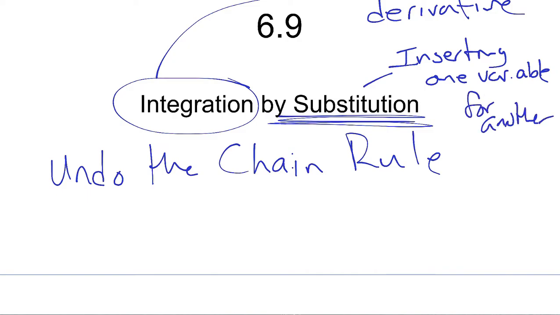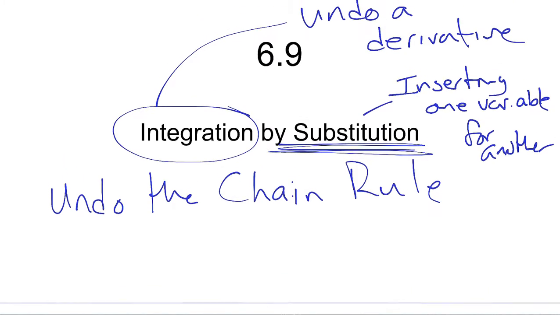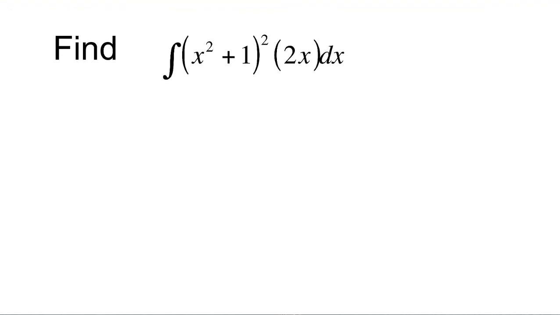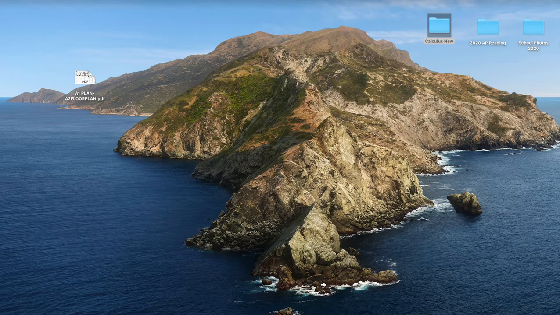So we're going to insert one variable for another. That's what we're going to do with this. So if you have something like this and we use substitution, we can say, okay, let's just let u equal x squared plus 1, and we're just going to use it for the time being.